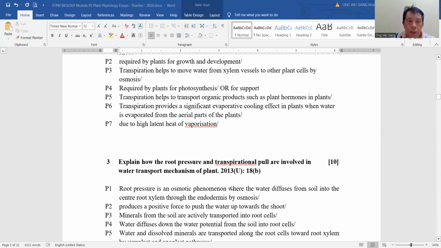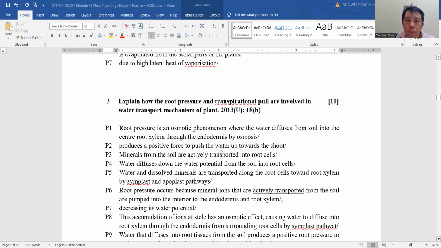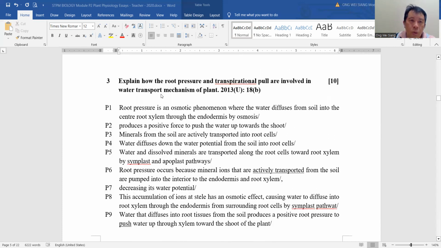Okay. Next question. How are the root pressure and transpirational pull involved in water transport mechanisms of plants? Even though the question talks about the water, don't forget the minerals together, the dissolved minerals.